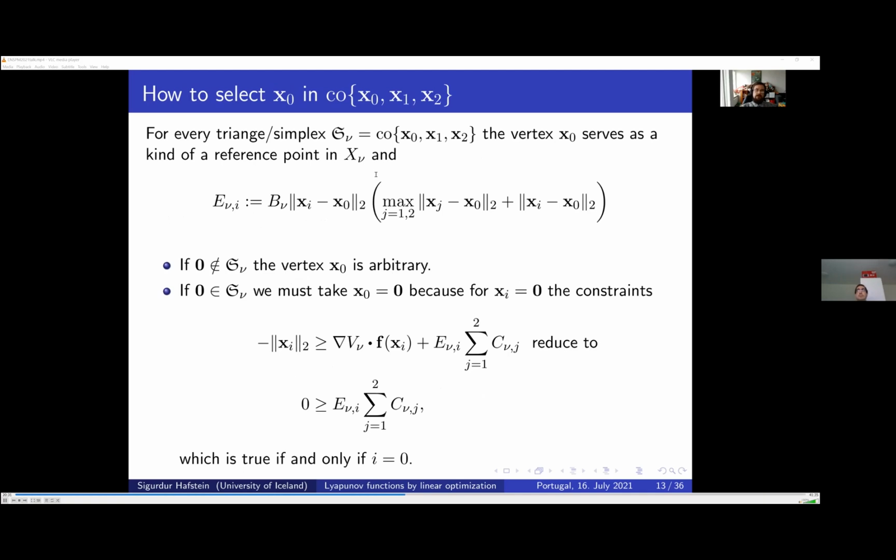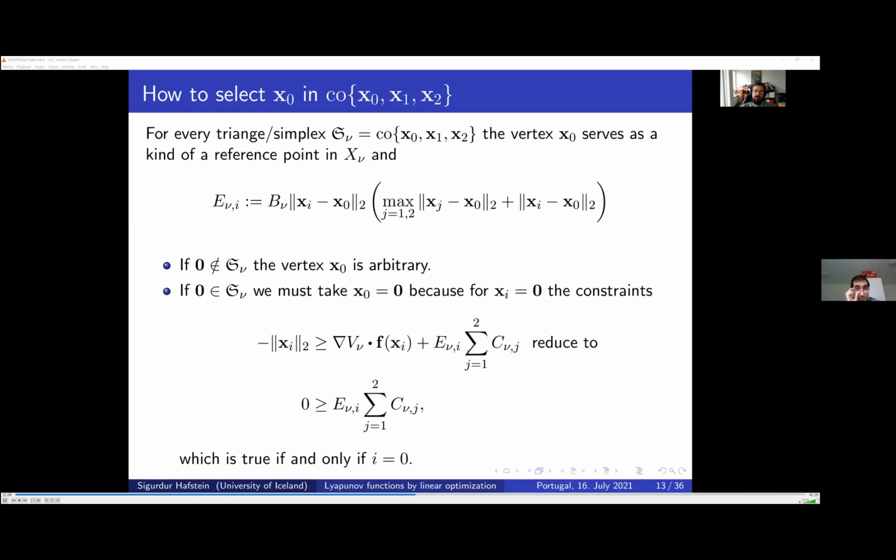And here is just a short note on how to select this x0. We had some vertex that had a special role in the triangle we choose. Essentially it doesn't really matter, except when the origin is a vertex of the triangle, then we have to choose x0, this main vertex, as 0.